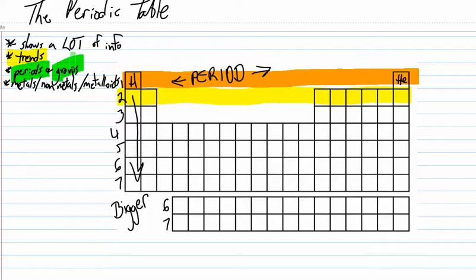Now let's talk about groups. What's a group? A group is a column, like this column. This column is called the noble gases. No, you don't need to memorize that for me. But one neat thing about the table is that a column has similar properties.